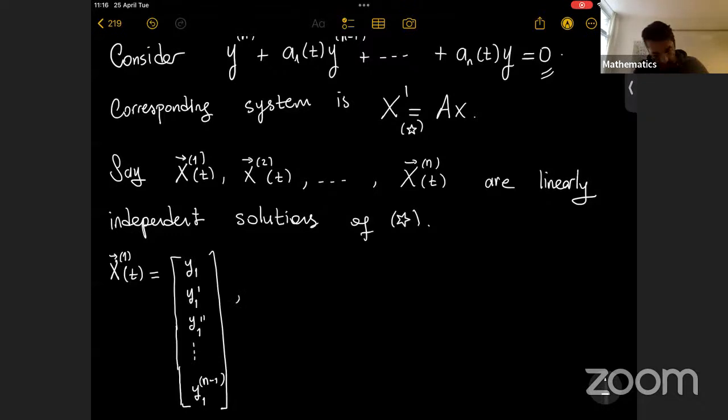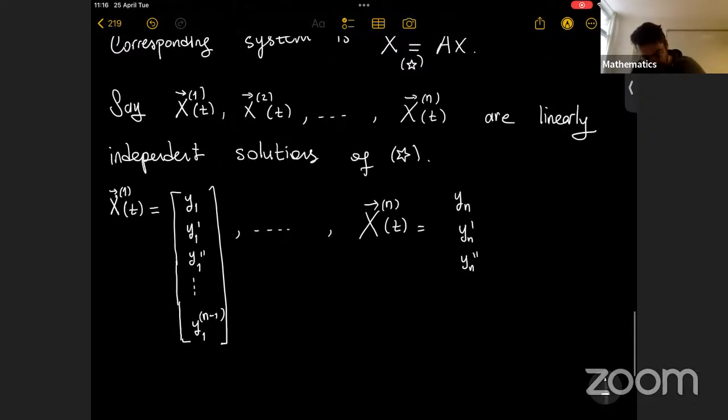And let's say xn is the vector with yn, first derivative, yn second derivative, and so on, yn n minus first derivative.